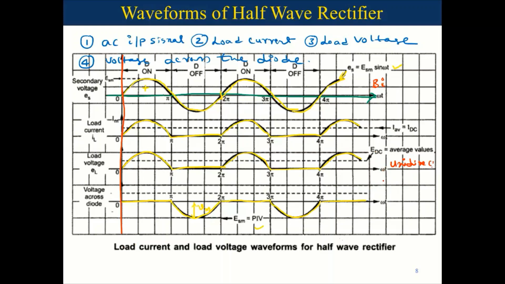From the rectifier, we are expecting a perfect DC, but it is not perfect DC. The output of the rectifier consists of positive sinusoidal pulses, so there is some AC component. That's why we call the output of the rectifier a pulsating DC. It's a pulsating DC, not perfect DC. The output of the rectifier is pulsating DC. It is not perfect; there is much AC component present in the output of the rectifier.